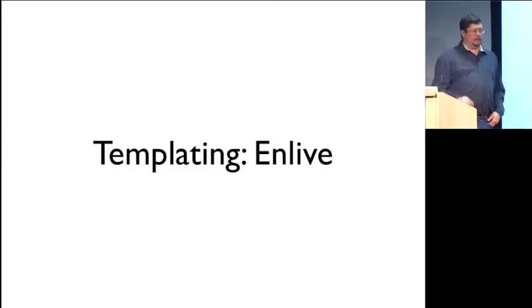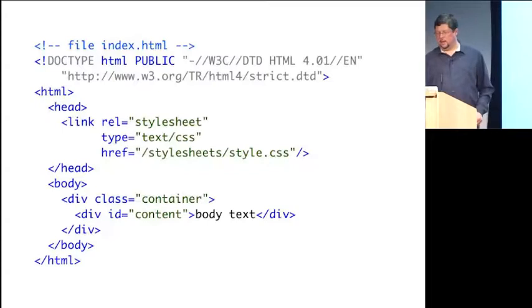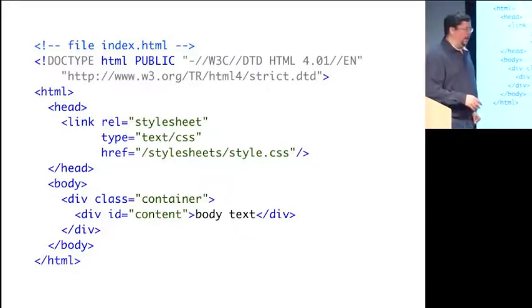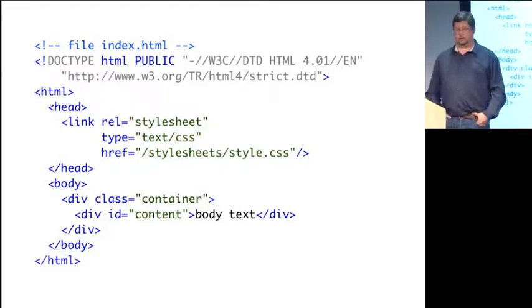The idea of Enlive is very much like XSLT, I guess, except it only uses angle brackets where they're important and uses curly brackets or parentheses everywhere else. You have templates that are in their own files, and they are HTML, and they are only HTML.